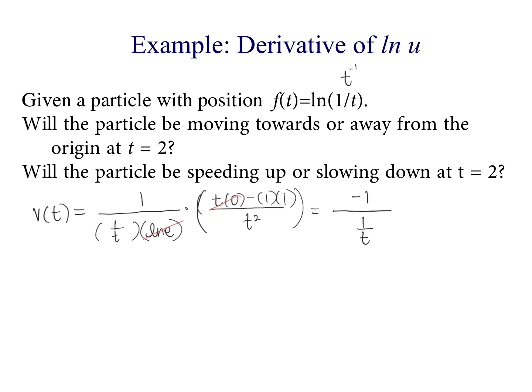Oh, and sorry, I forgot my t squared. That can be simplified: 1 over t in the denominator times t squared in the denominator can be negative 1 over t. Okay, that's my velocity.